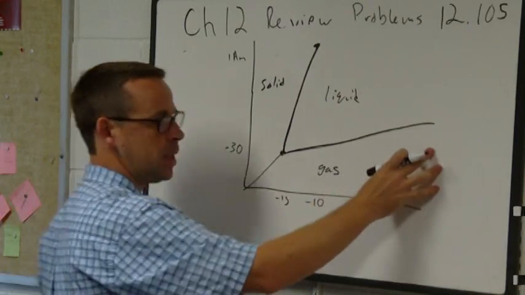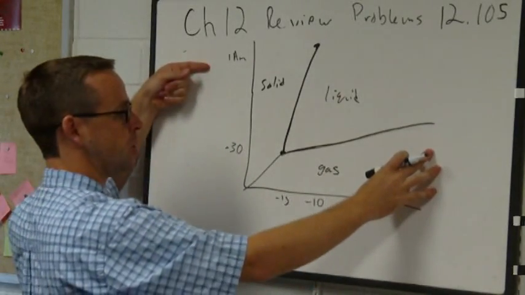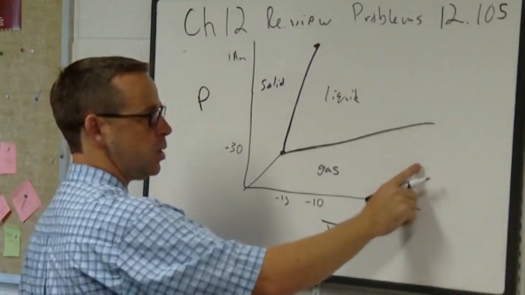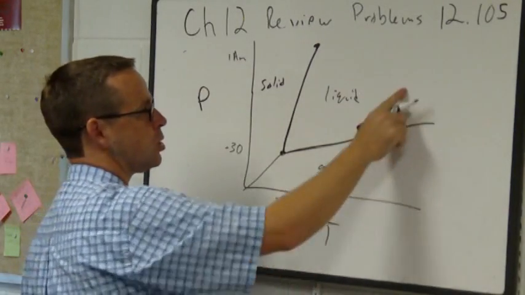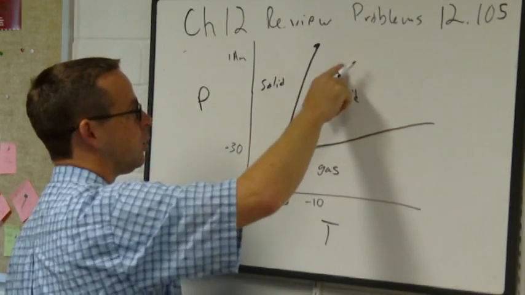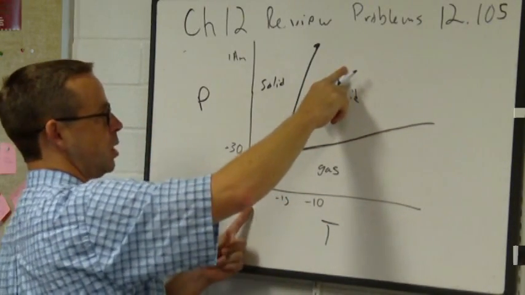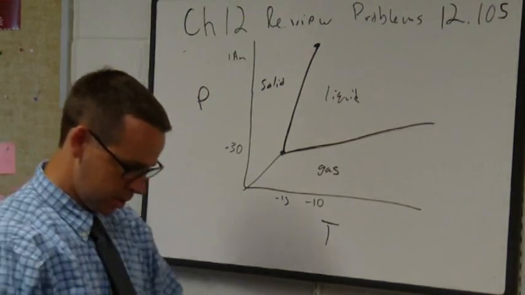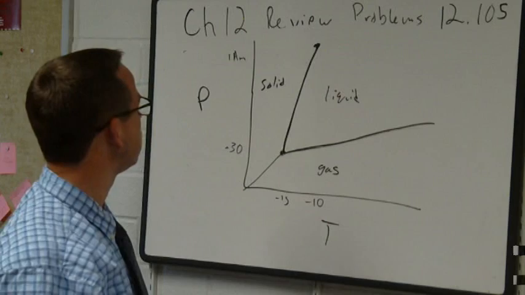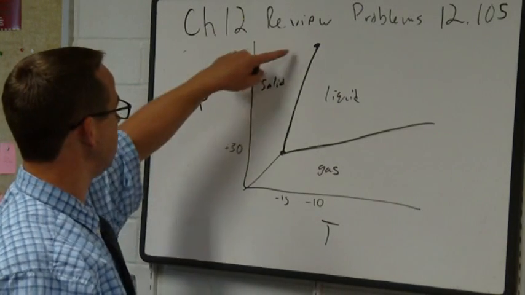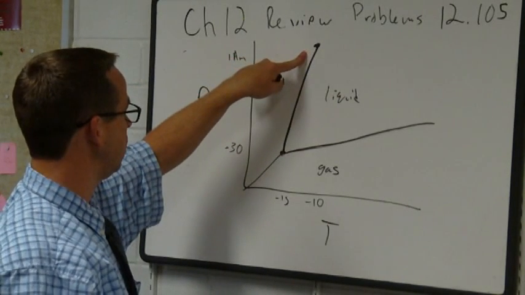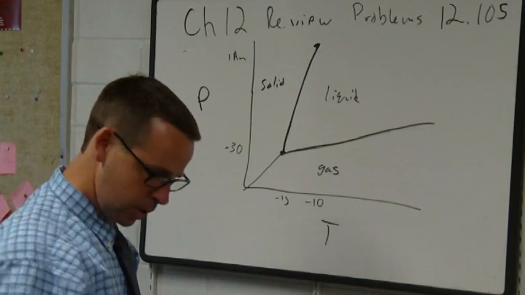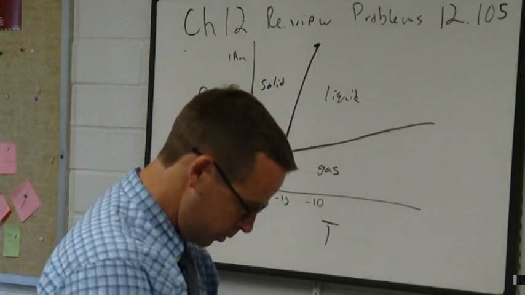If you take a gas and you increase the pressure, so this is pressure, this is temperature, it turns into a liquid. You take the liquid and you decrease the temperature, it turns into a solid, right? All right, so solid, yeah, that's right. All right, so let's check that 12.105.